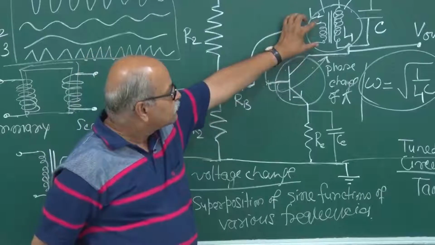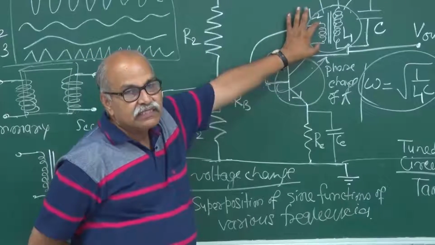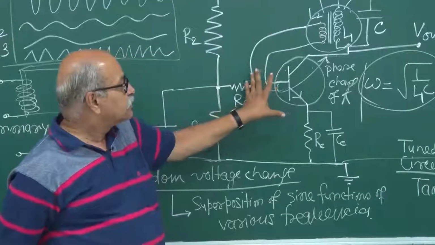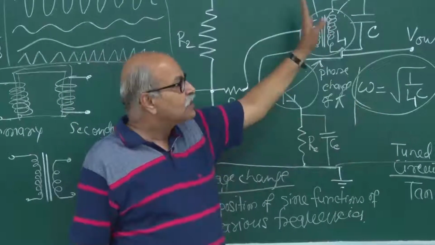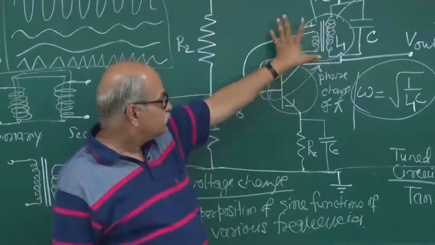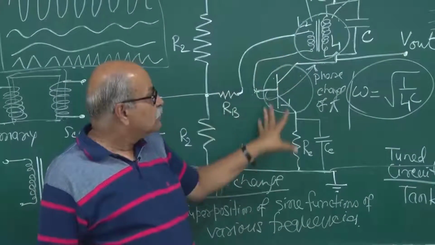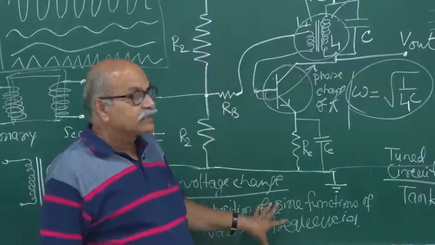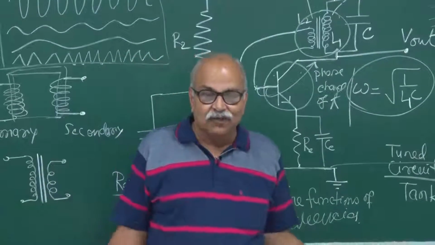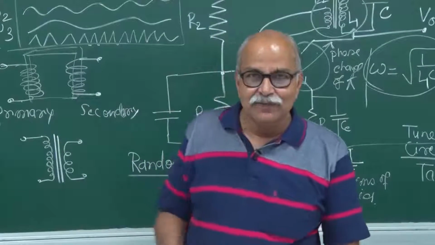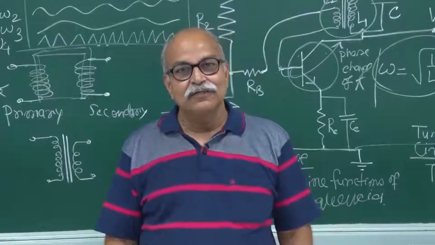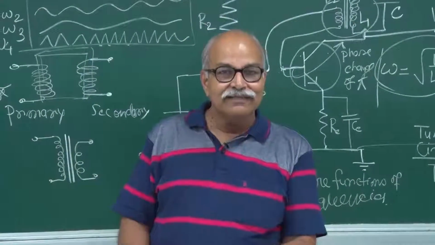So this number of turns has to be chosen judiciously so that a particular amplitude is maintained. So this is how an oscillator works, and this is the circuit for that tuned collector oscillator, normally used in radios, transistor radios. So this is also called a local radio oscillator.